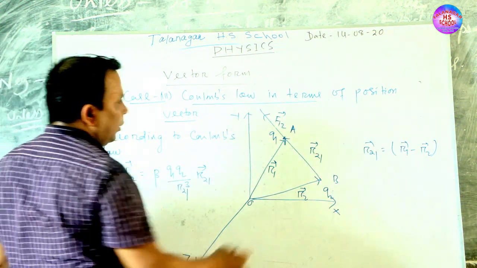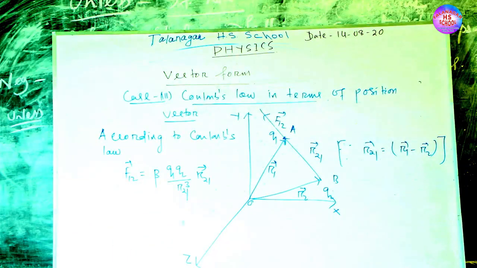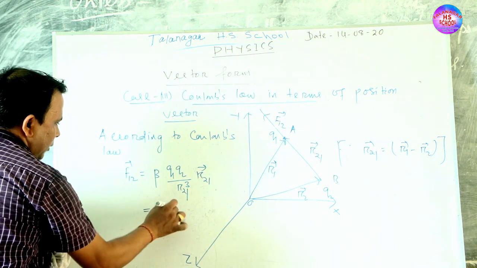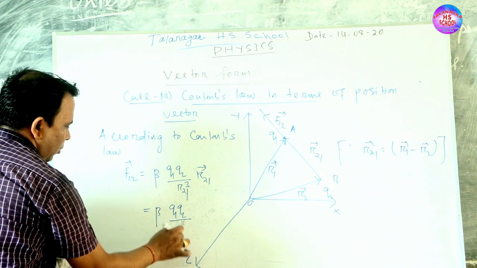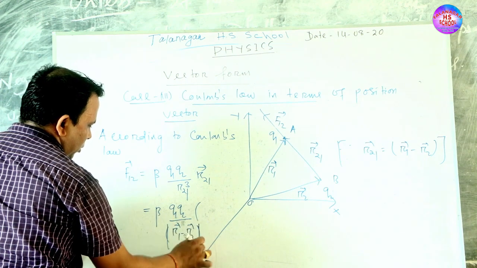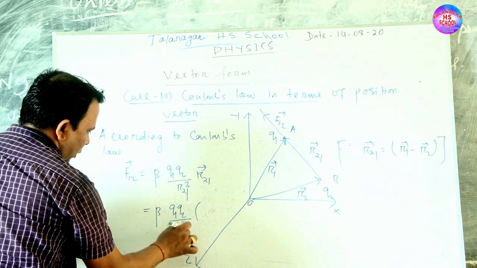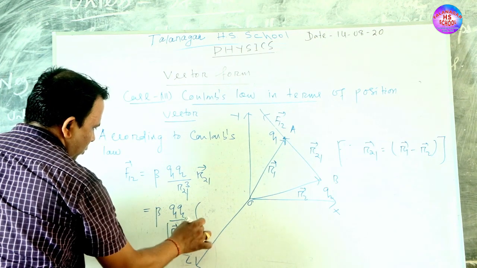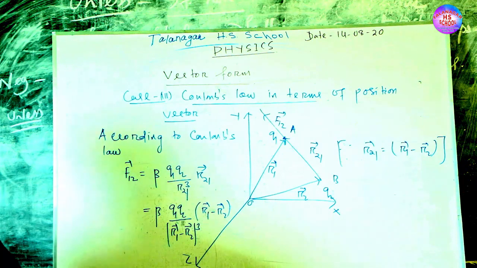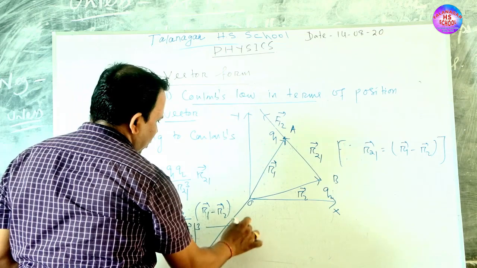Instead of r21 we write r1 minus r2, so F12 is beta q1 q2 (r1 vector minus r2 vector) divided by the modulus of (r1 minus r2) cubed. This is equation 1.